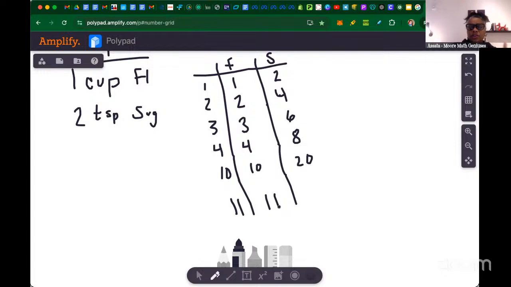Okay. So basically, however many servings, it's a one-to-one relationship. However many servings, I need a cup of flour for each serving. Now, how much sugar will you need in this case? I want you to give me the answer and explain to me how you got that answer.